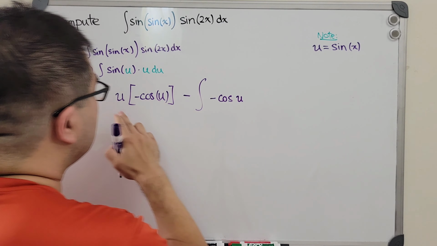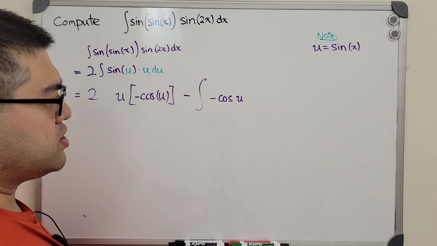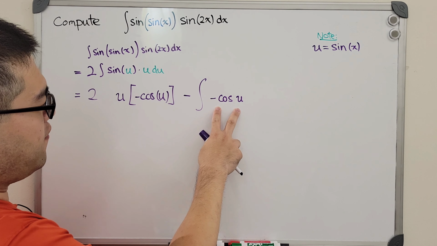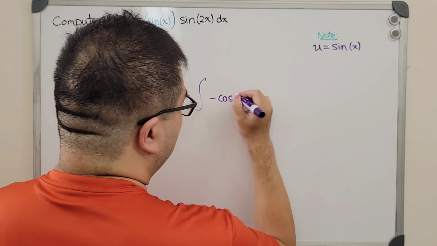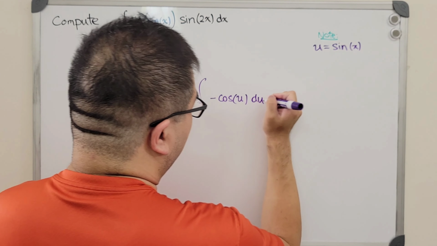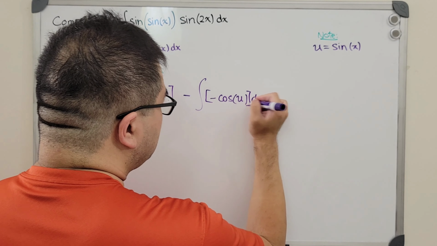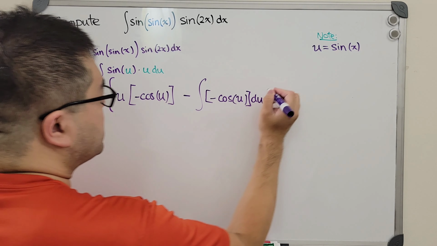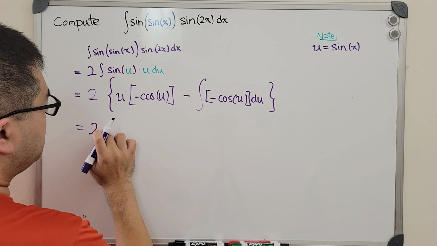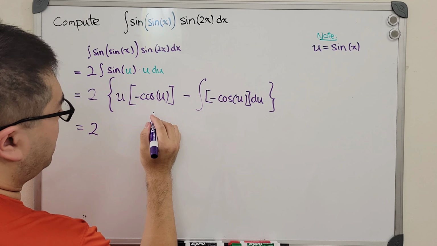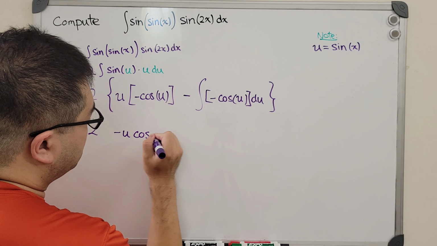And again, the derivative of u with respect to u is just 1. So we multiply with negative cosine, and we will just have negative cosine of u. And don't forget we have du. Now, as we simplify the expression, we get 2 times, inside of the first term, negative u times cosine of u.